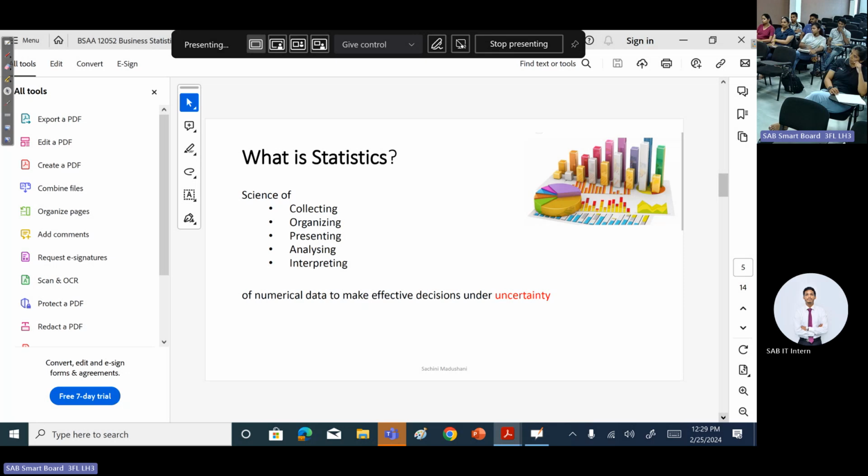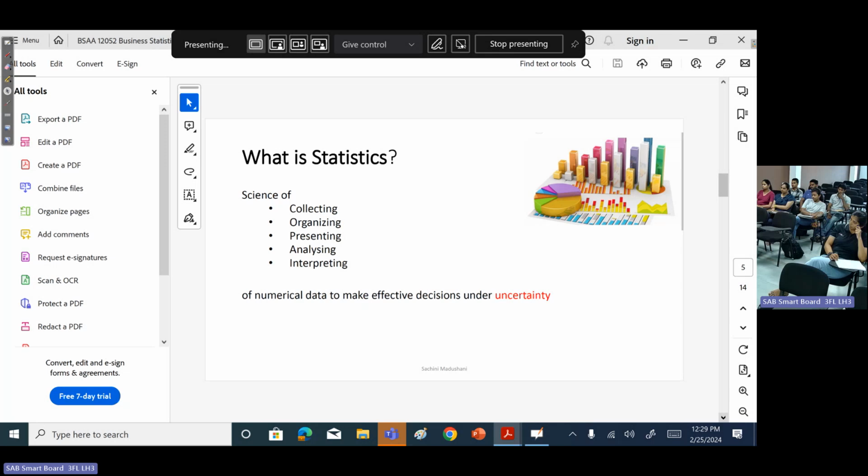In the statistics process, we always use numerical data, meaning data we can write using numbers. We do not consider qualitative data, which cannot be measured numerically.